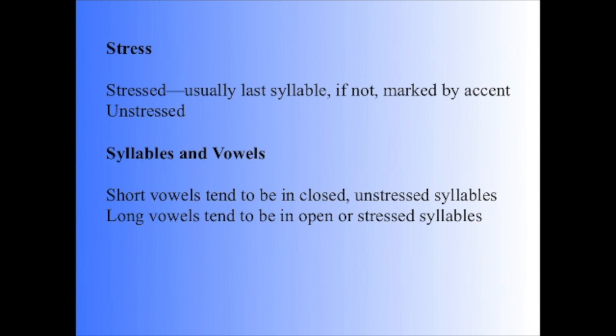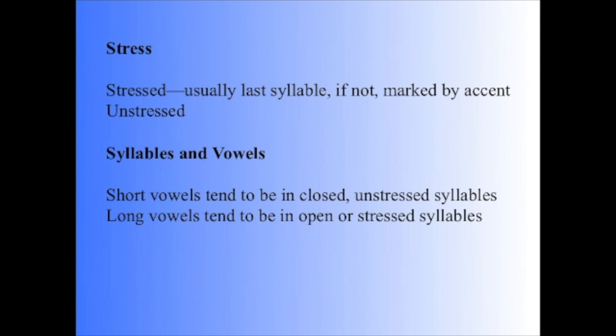Words also have stress. Usually the last syllable, but if not, there will be some kind of accent that will mark the stressed syllable. And if it's not the last syllable, it'll generally be the next to last syllable.